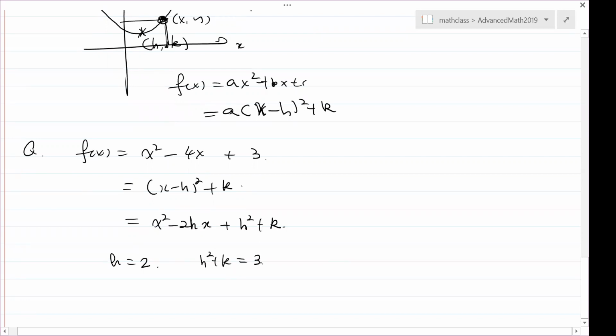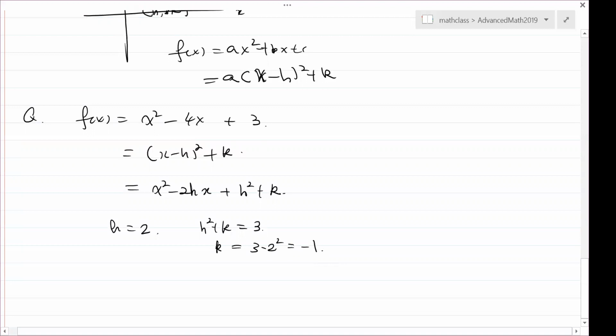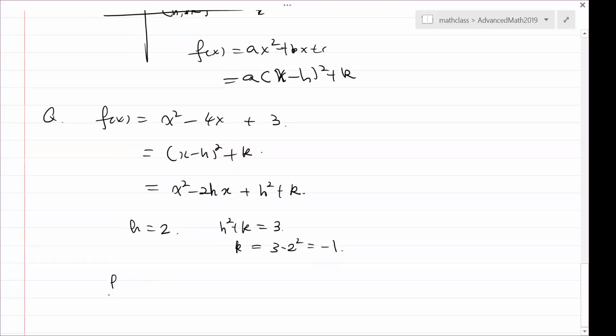So I can figure out k. The h is equal to 2, and k is going to be 3 minus 2 squared, which is -1. So in other words, my function is going to be (x minus 2) squared plus -1.